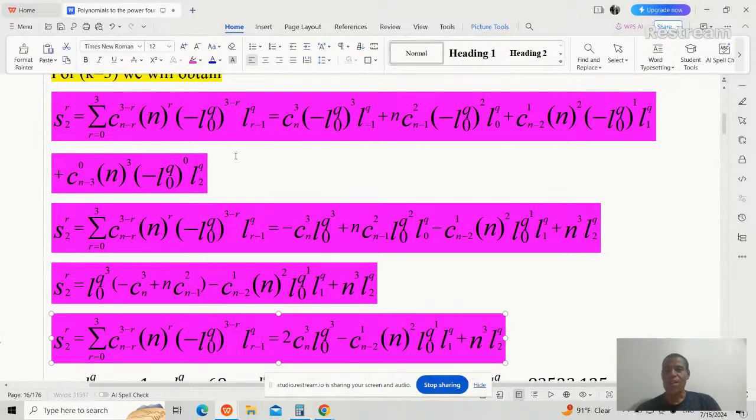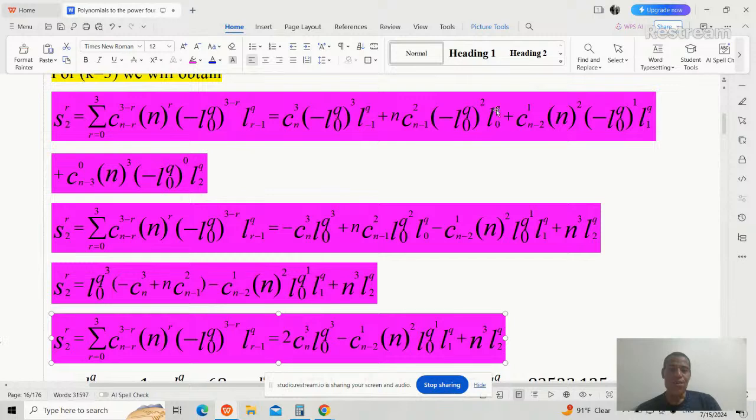Look, we told that S2 equals combination n choose 3 between parentheses negative L0 of the q raised to the power 3 times L minus 1 of the q, plus, when r equals 1, combination n minus 1 choose 2 between parentheses negative L0 of the q raised to the power 2. This negative sign will disappear because it is raised to an even power, so it's positive, times L0 of the q.